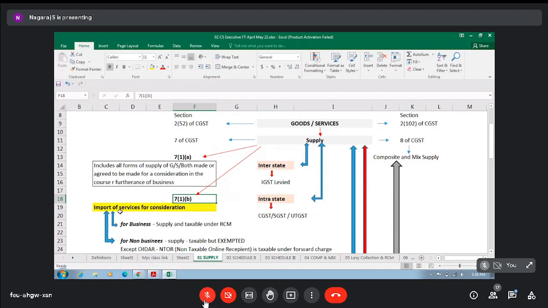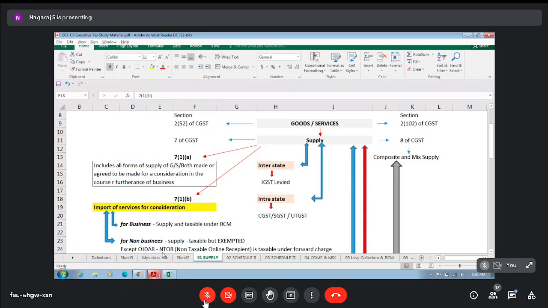Services. In GST, only import of service is covered. Import of goods is covered under customs. What I told? Import of goods is covered under customs. I told you guys.